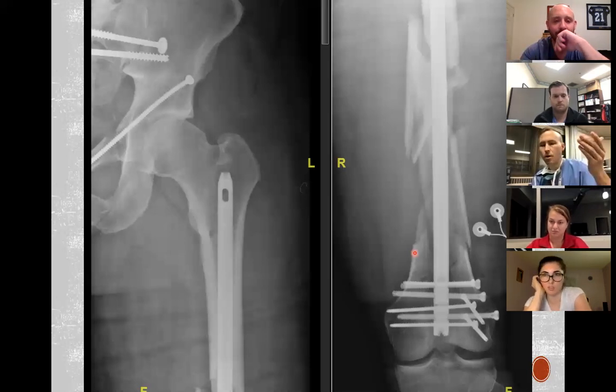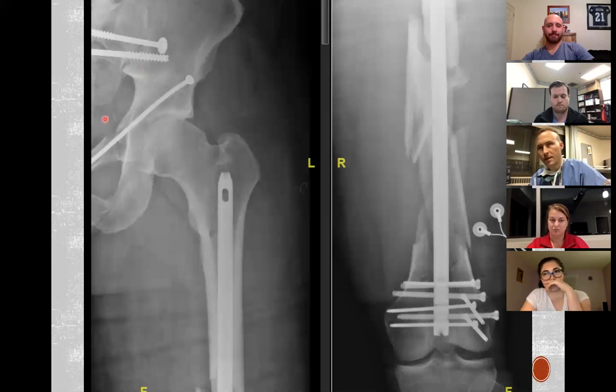And the answer is no. So for each side of his pelvis, we would restrict this patient to 30-pound weight bearing on each side. So that's the least common denominator. So that's what he's left with. And I actually have to step back. That's not his least common denominator. He had an articular injury to his distal femur. So for this patient, we would make him non-weight bearing on his left side.